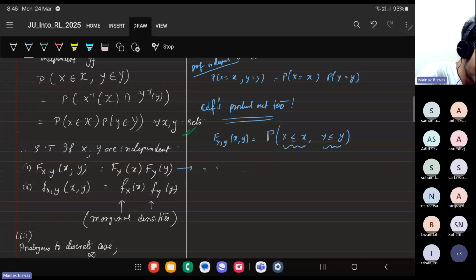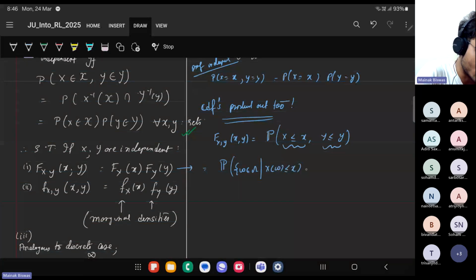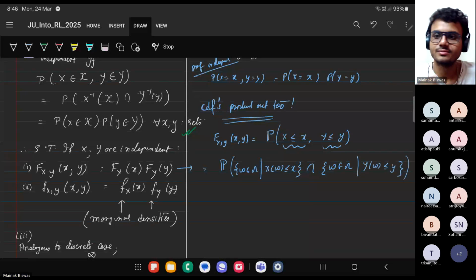Again, recall, this is all the outcomes omega in the sample space such that X of omega is less than x, intersection with omega such that Y of omega is less than y. Fine.